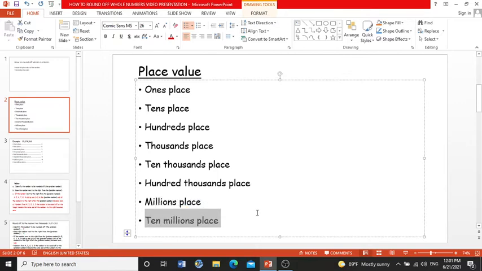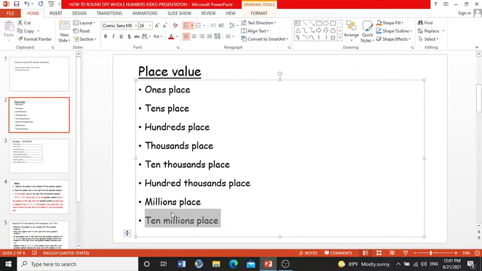So you can move on and on to a bigger number. But then again, the most important thing, as I said, is to know the rules. Because this is very applicable even if you're going to do the lower place values in rounding off, the application is still the same. The rules are the same.